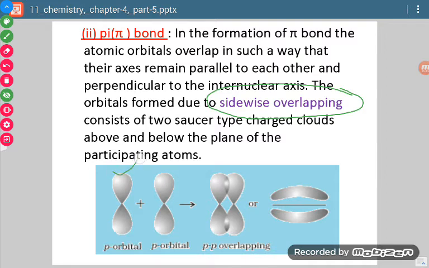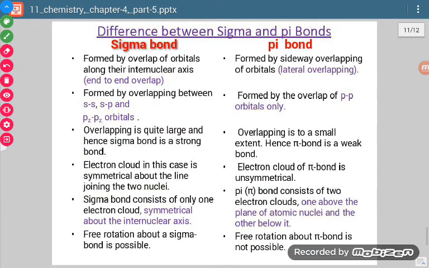Now see, these are two p orbitals, and here they have gone for sidewise overlapping. Because of this, two electron clouds are formed. Result is like this: one electron cloud above the internuclear axis, one electron cloud below the internuclear axis. So such bond formed is called pi bond.